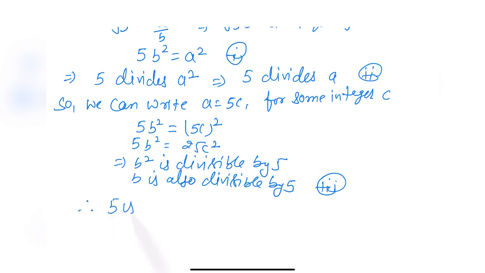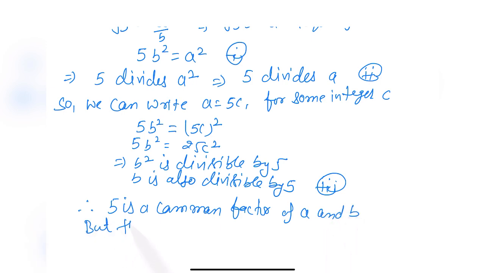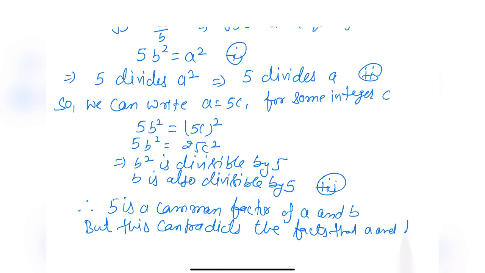Means 5 is a common factor of a and b. But this contradicts the fact that a and b are coprime.